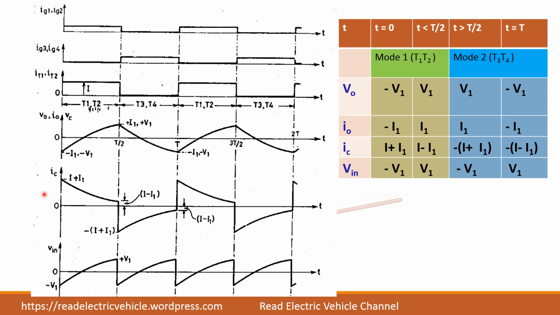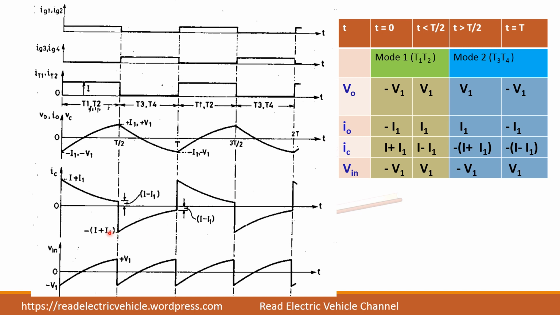Next case, when you see the collector current, you can see one thing. Here you have I plus I1 and here I minus I1. So here it is I plus I1, then here it is I minus I1. But after T by 2, that is after T3 and T4 are turned on, you will get the capacitor current.